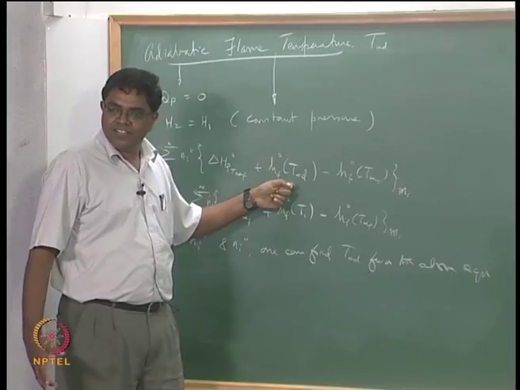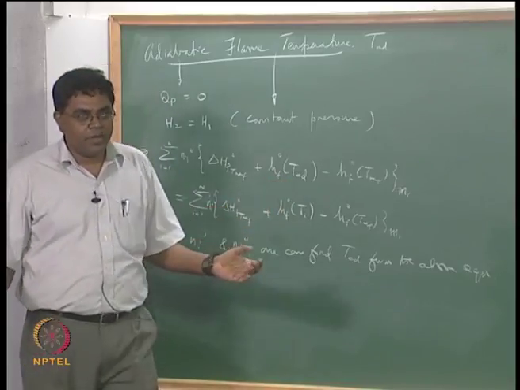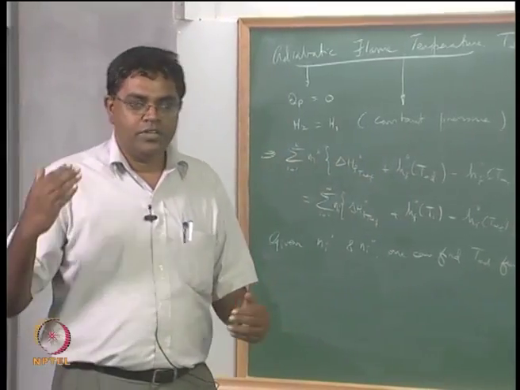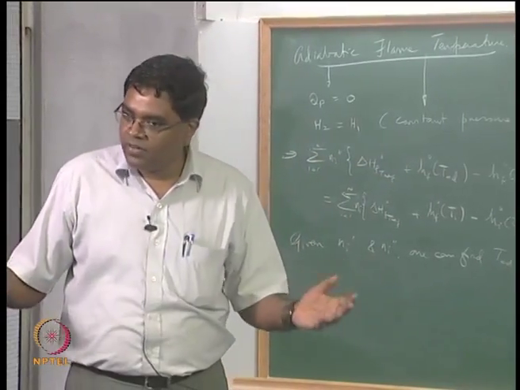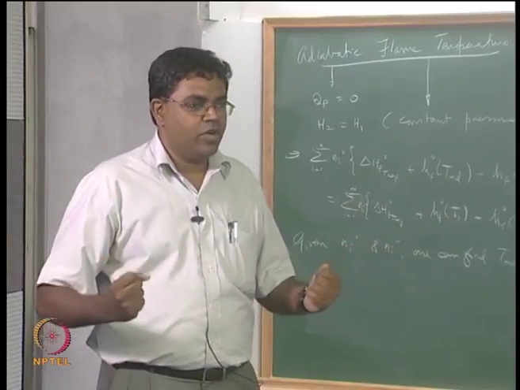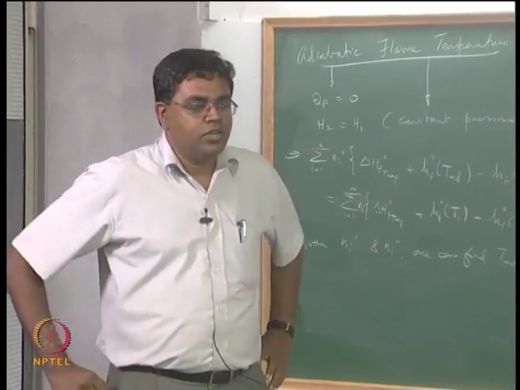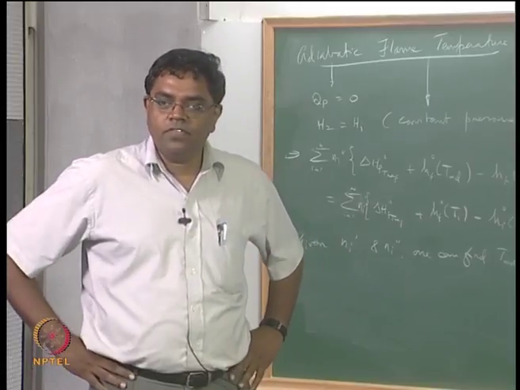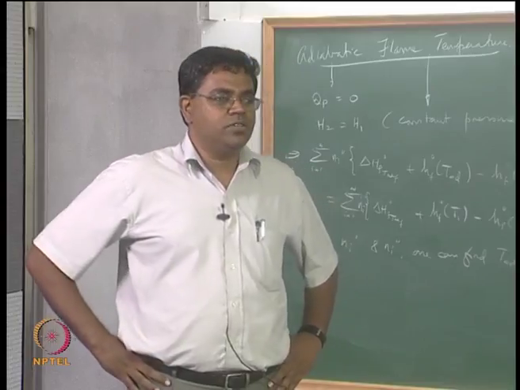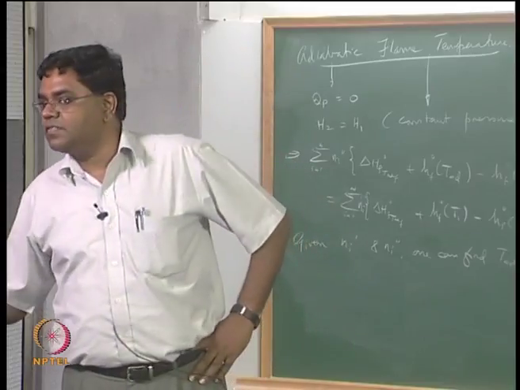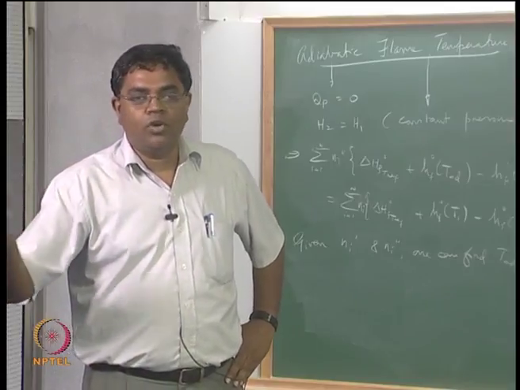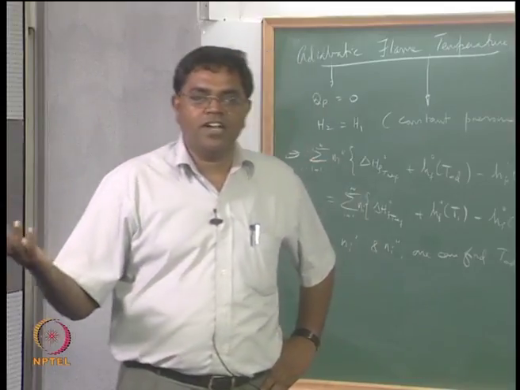What are the typical values of T adiabatic? Any idea? Or forget about T adiabatic. We don't even know whether you are having heat loss to the surroundings or not in the flames that you normally encounter. But can you guess whatever is the temperature that you have in the flames that you encounter? Let's just take an example of a flame that you encounter. I don't even know what the premix flame is. This is just a second class or third class.